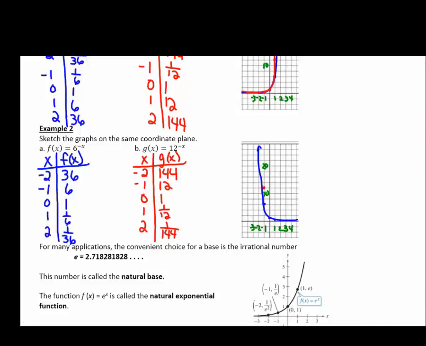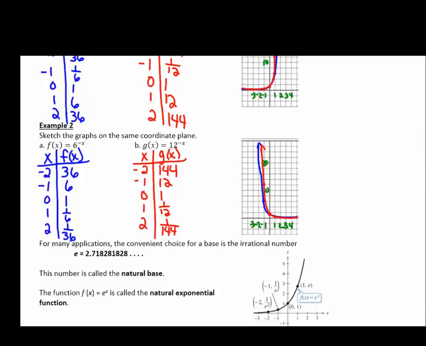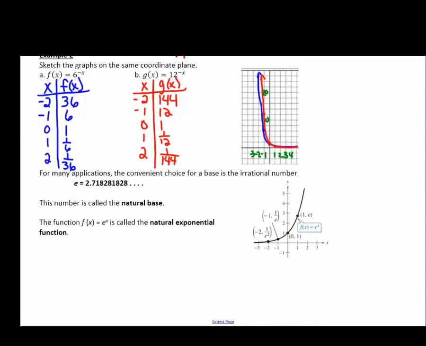So there's that point. We've got (0, 1), (1, 1/12). Again, that's going to be much steeper, but you can see where these two graphs are the reflection of the previous graphs.